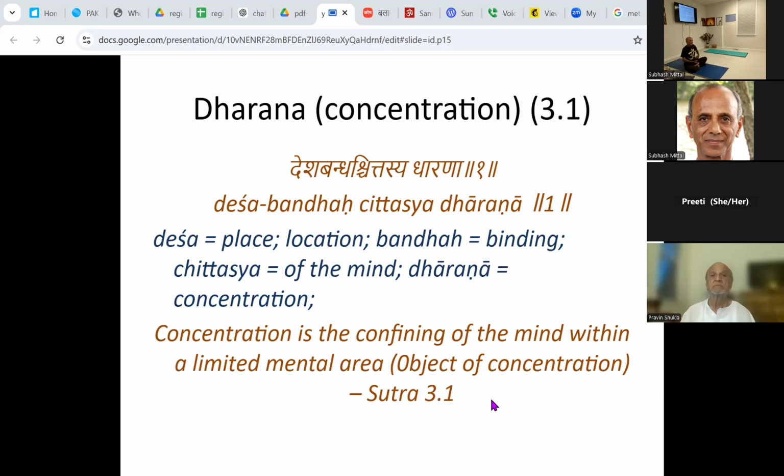One of the very commonly used practices for dharana using an external object is to focus on the flame of a candle. Has anybody done that? Candle flame. It's called candle flame meditation, Trataka. That's a very common object of meditation.